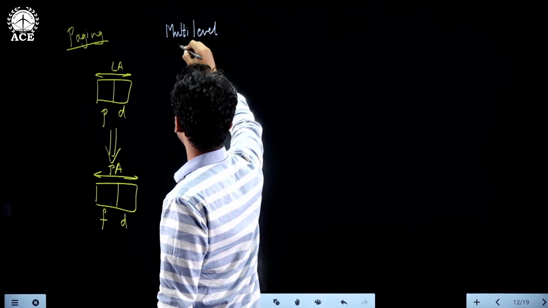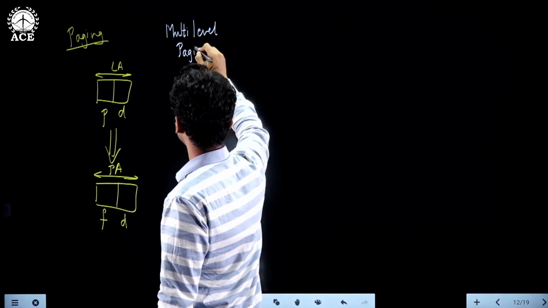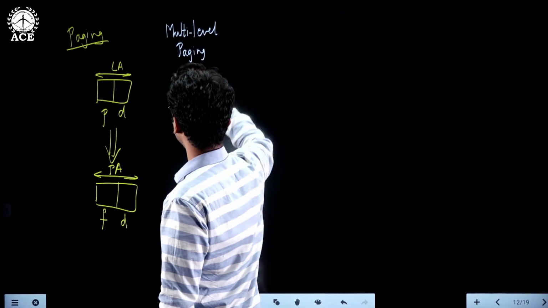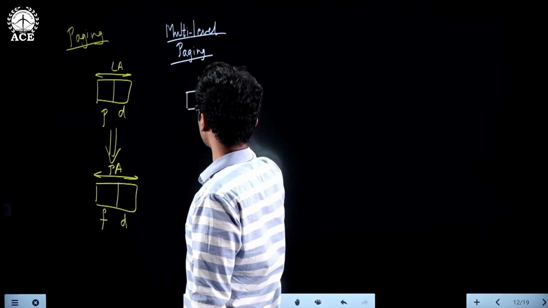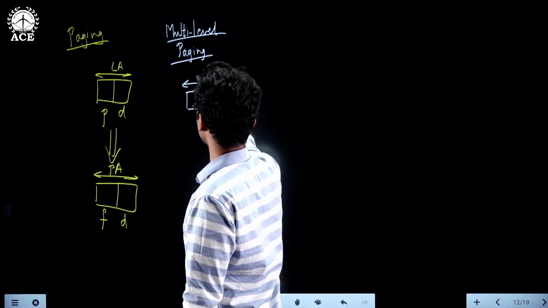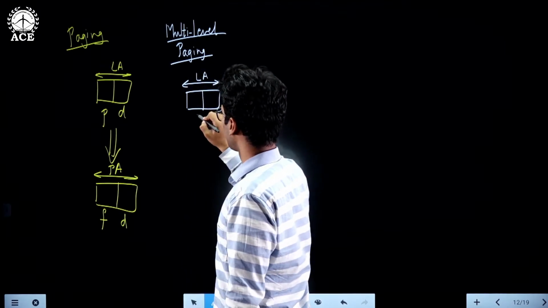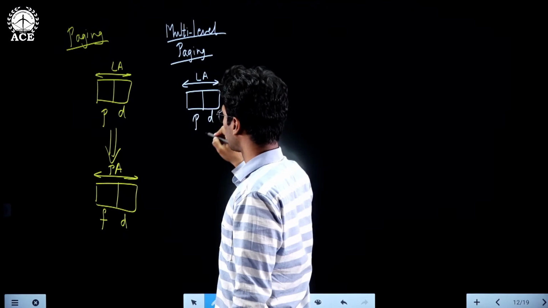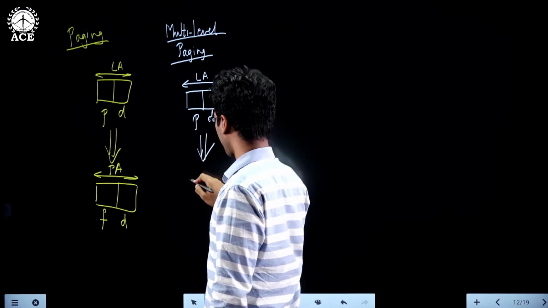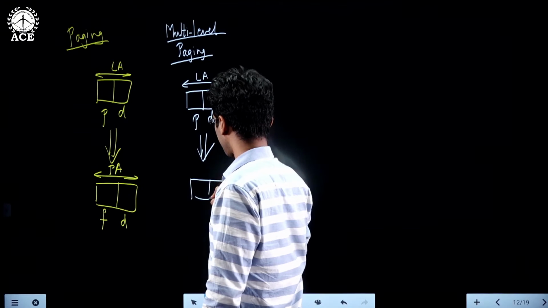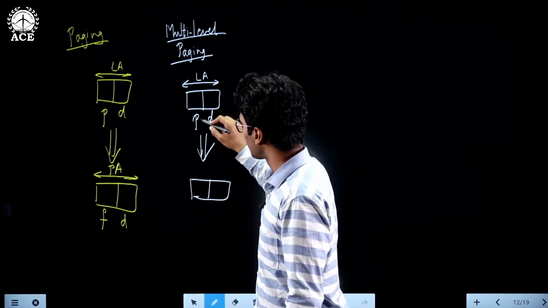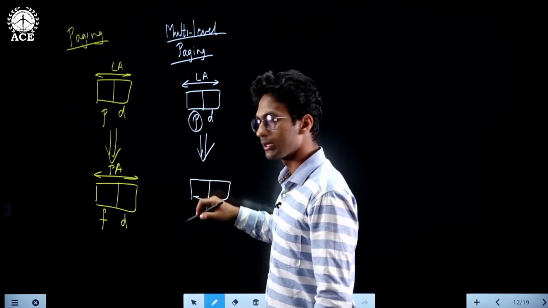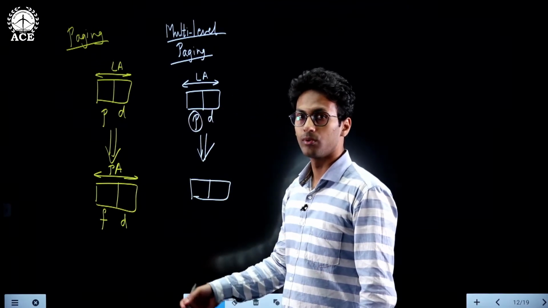Multi-level paging. In case of multi-level paging, we had that logical address. Page number and page offset. We converted it to what? Tell me. This page number, we got that page number, how?